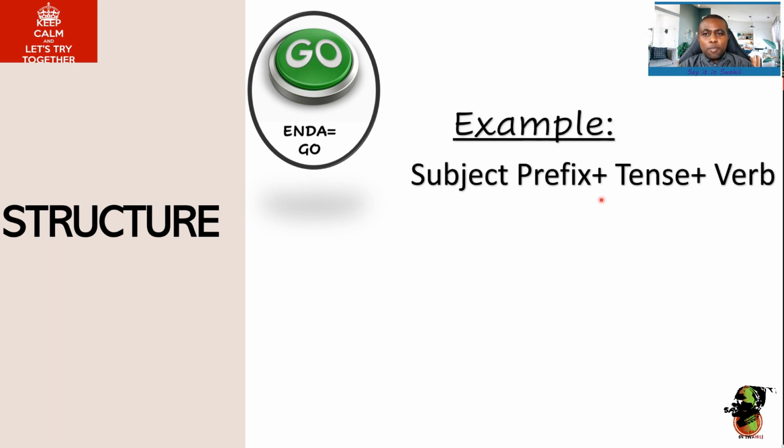For example, if we wanted to say a simple sentence, I am going, what are we going to do? The first thing we look at is the subject prefix, I in Kiswahili, which is ni. Then the tense: when is it happening? The action is happening right now. I am going. So it's in the present tense.